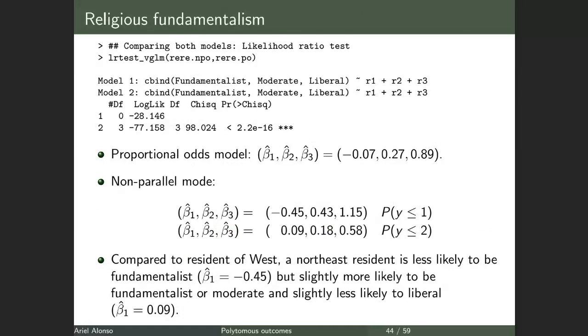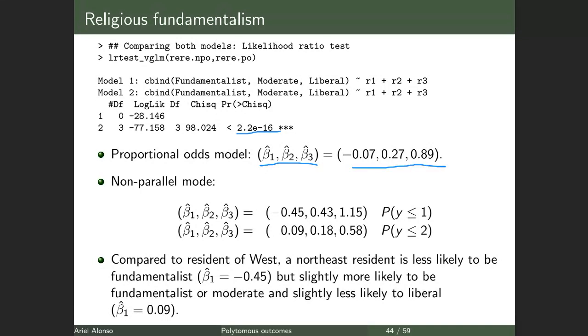So if you compare the two models, the proportional odds model with the non-proportional odds model, then you get a very significant p-value. So indeed, the proportionality assumption here is problematic. And then you get the coefficients that depend on the value of j.